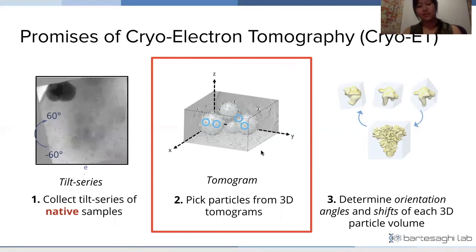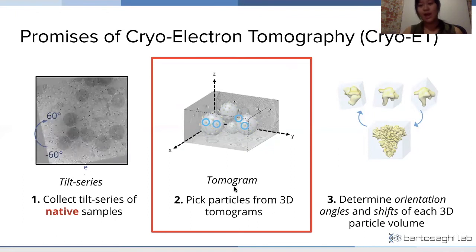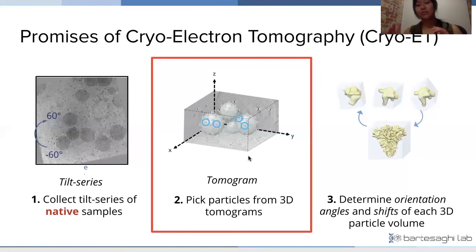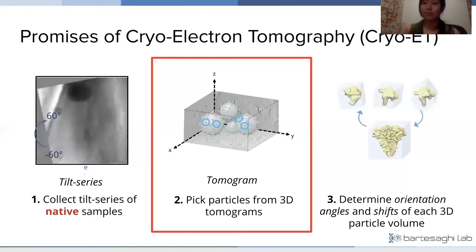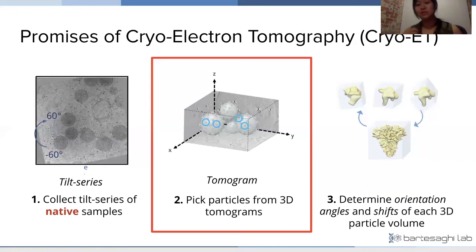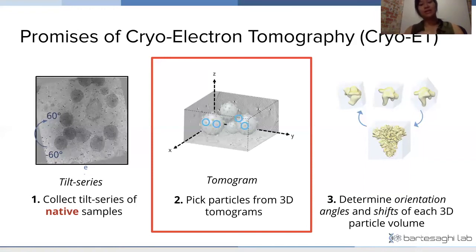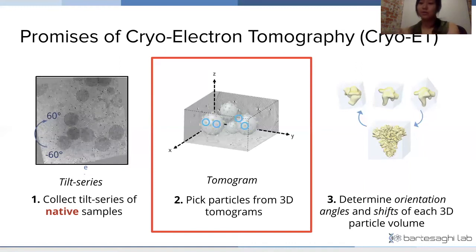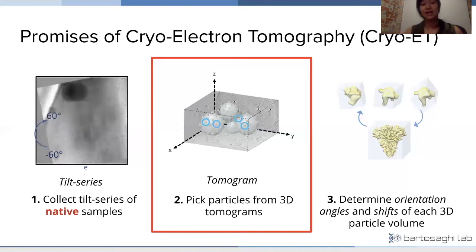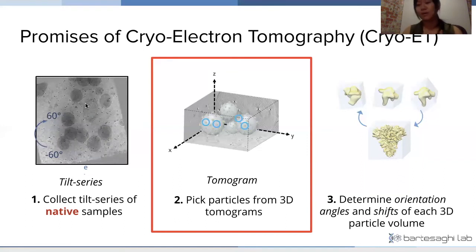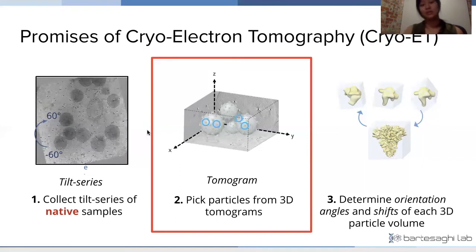So as you can see here with number 2. And the most important step comes next, which is to actually find out the structure of the macromolecule we're interested in. In order to do this, we need to find many copies of the macromolecule inside these scans, because as you can see in the image, the particles themselves are very small and low resolution.